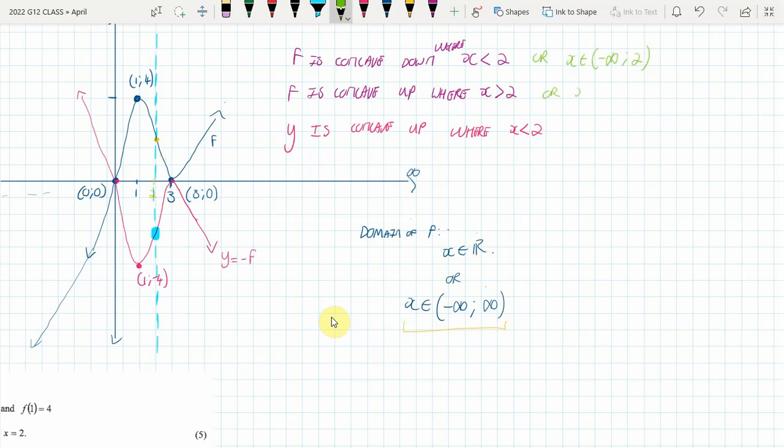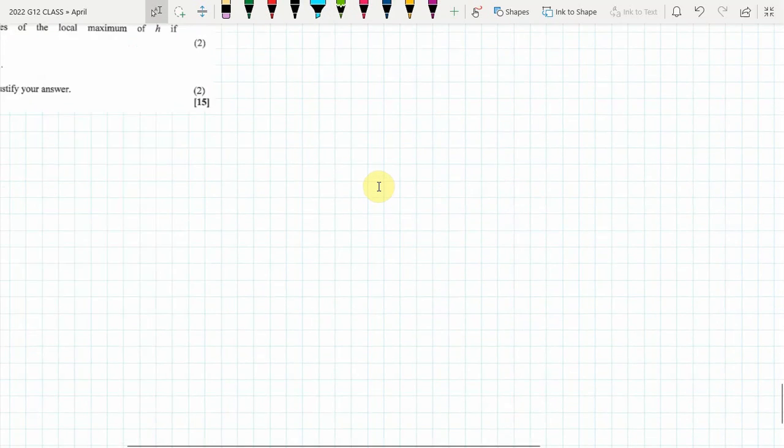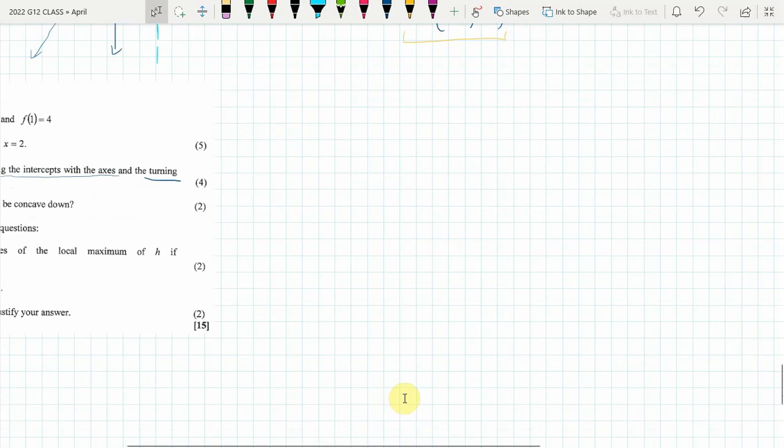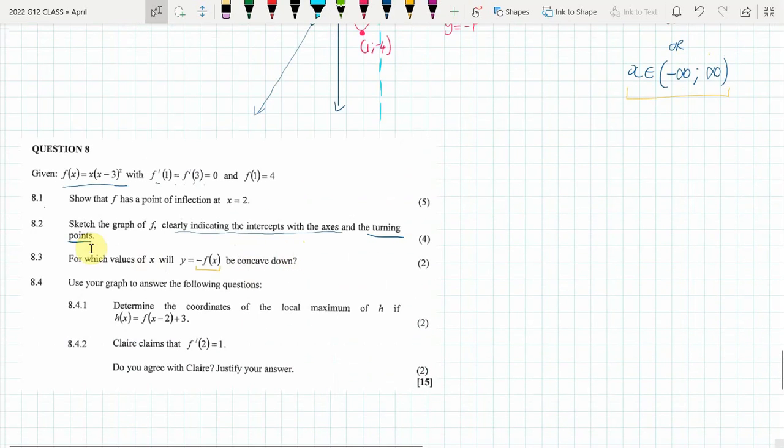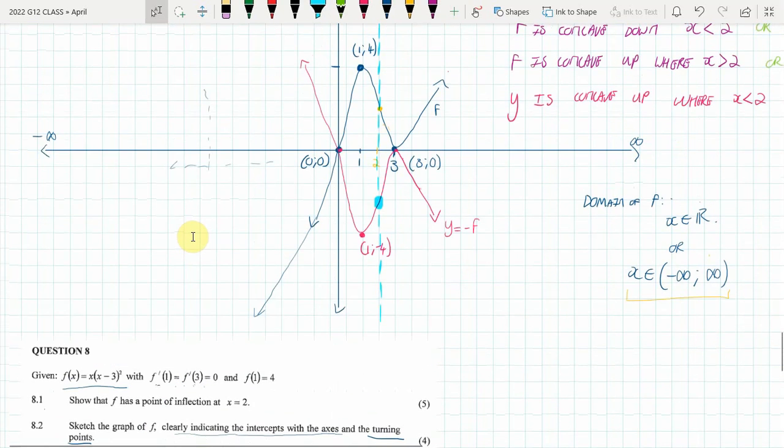And similarly here, we can write it in interval notation and say from 2 up to positive infinity. Let's try to answer the question: for which values of x will y be concave down? If we look at the sketch.